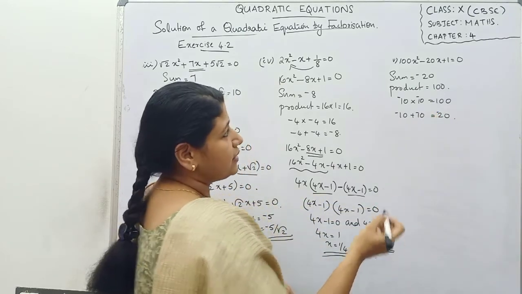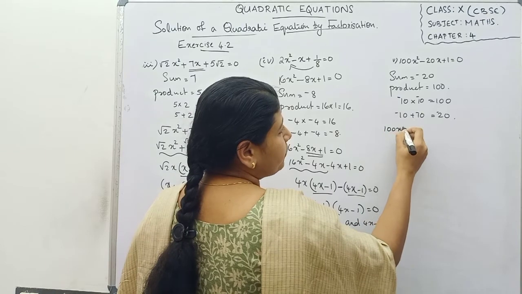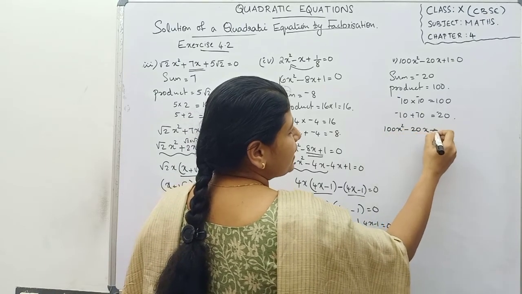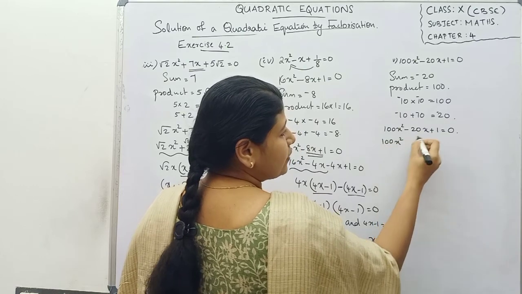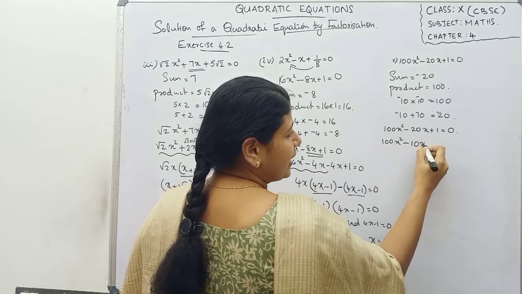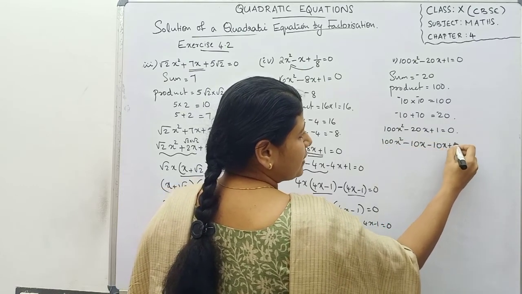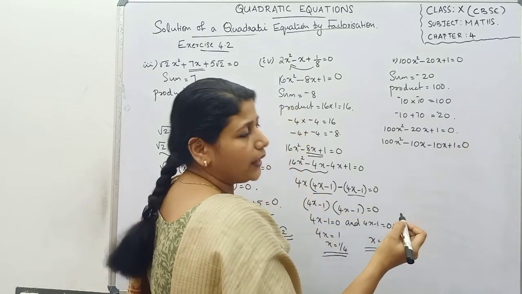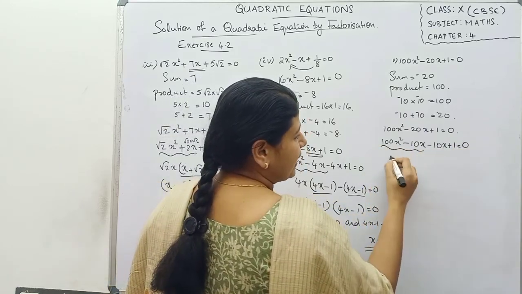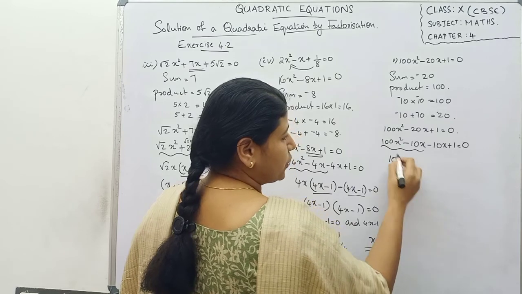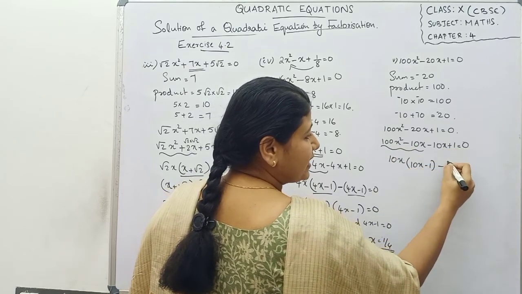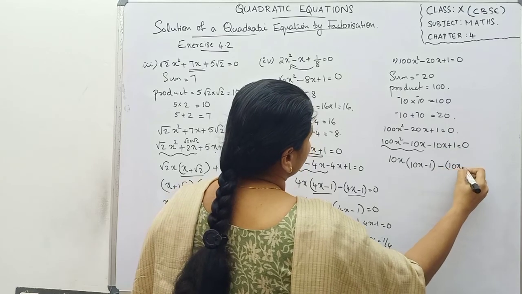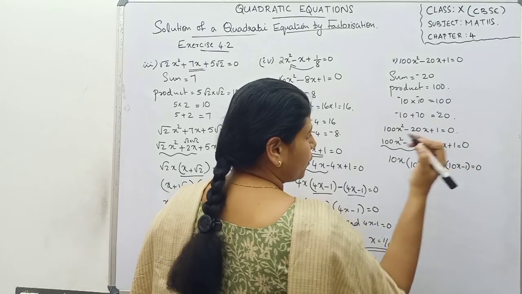So we got the two numbers. Now we can split. 100x square minus 20x plus 1 equal to 0. 100x square minus 20x can be written as minus 10x minus 10x plus 1 equal to 0. Now take 10x outside from the first two terms. You will get 10x minus 1. Here I am taking negative outside, then you will get here also negative, 10x minus 1 equal to 0.